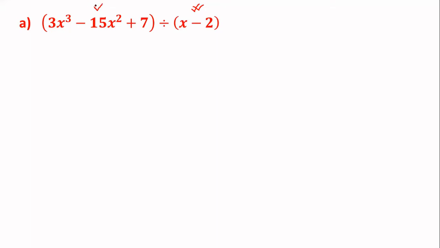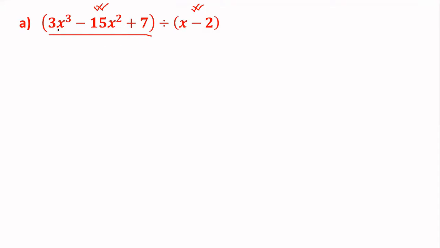Now, look at this dividend polynomial. While we are using the synthetic division method, we have to understand that first of all, it should be written in descending powers of x. As you can see, it is already written in descending powers of x. Now the second thing that we have to understand is all the variable powers should be written there.